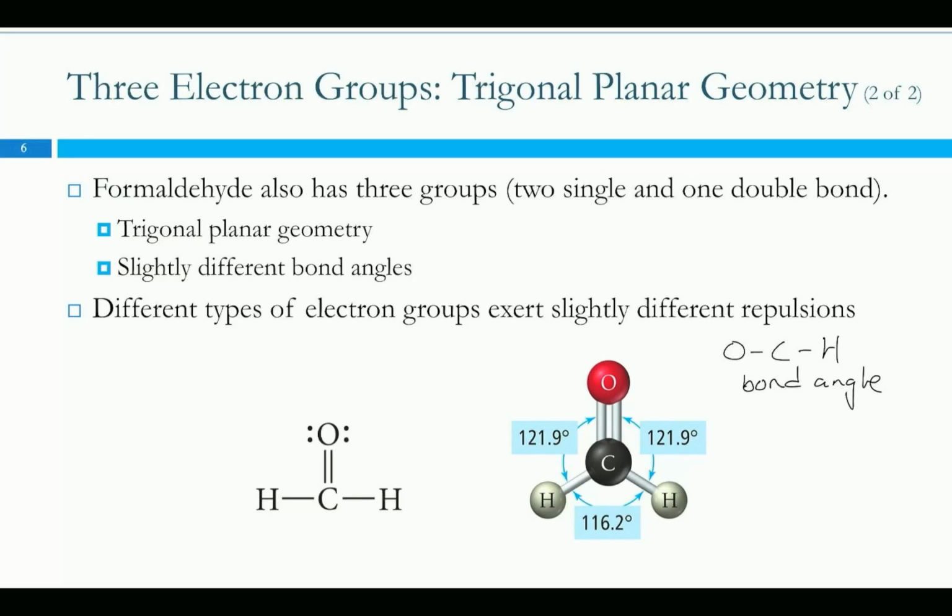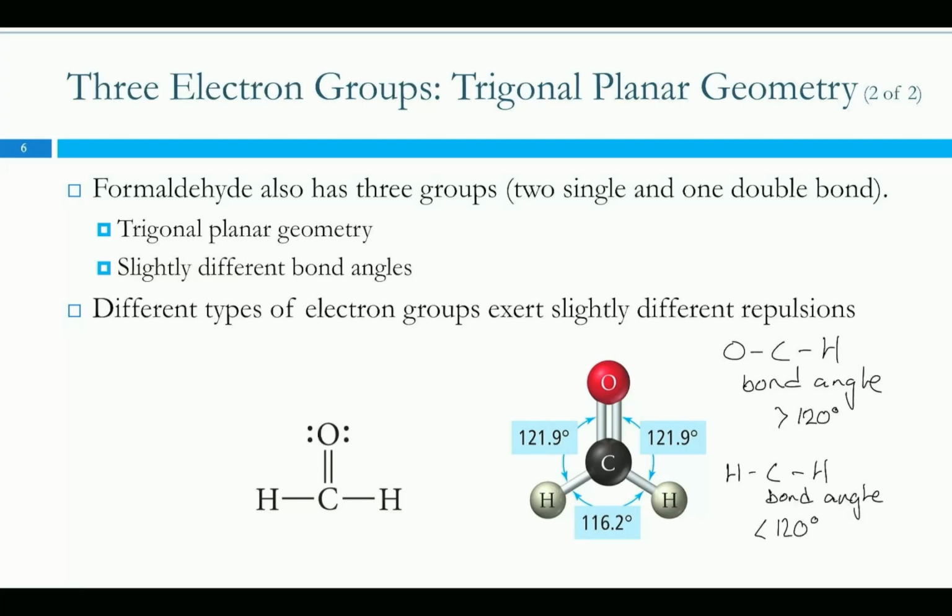If you're doing the angles on a triangle, you like C, so that'd be from A to B to C. So the oxygen carbon hydrogen bond angle is larger than the expected 120 degrees. If we were to say the hydrogen carbon hydrogen bond angle, it would be less than.